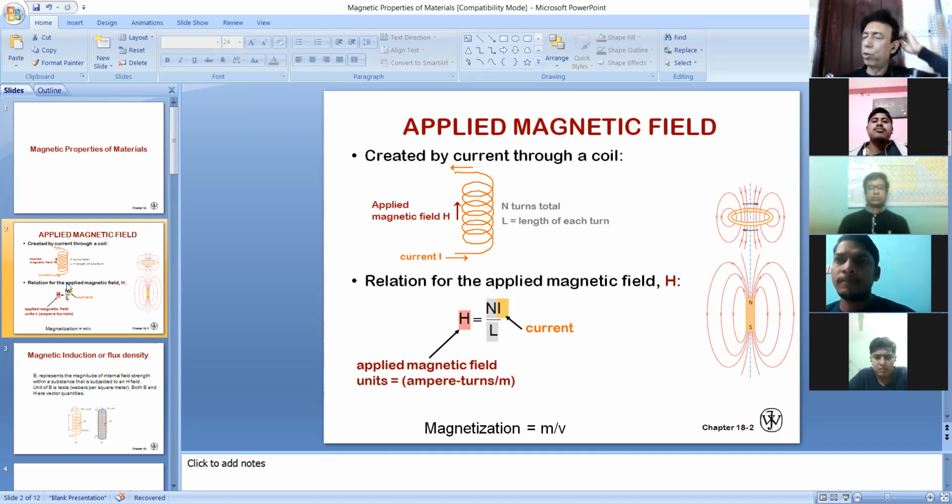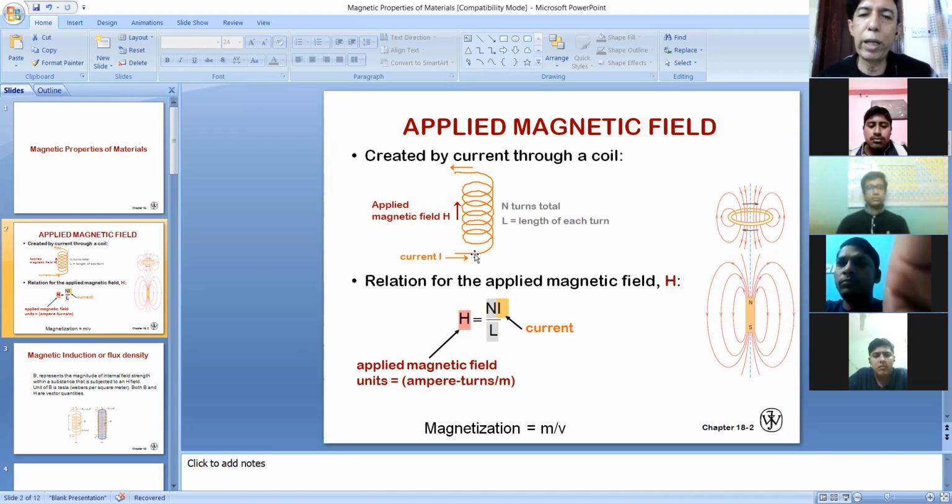Now, we will see the magnetic properties in a slightly different form, in slightly physics-oriented magnetism. Now, how does a magnetic field occur?